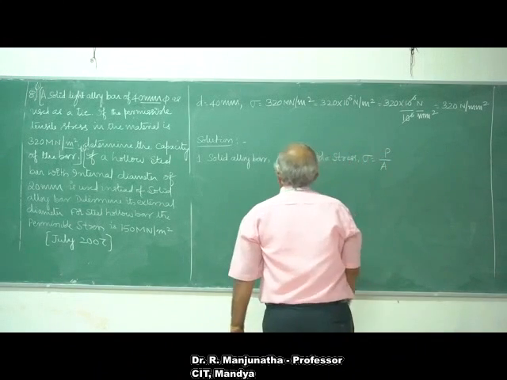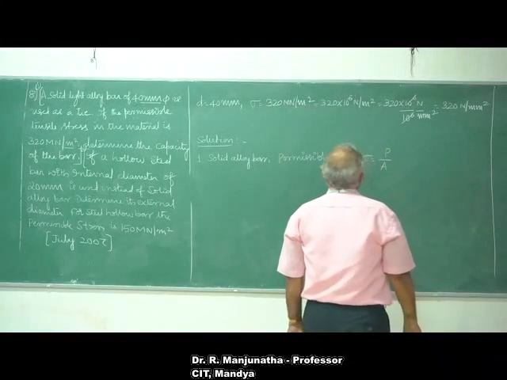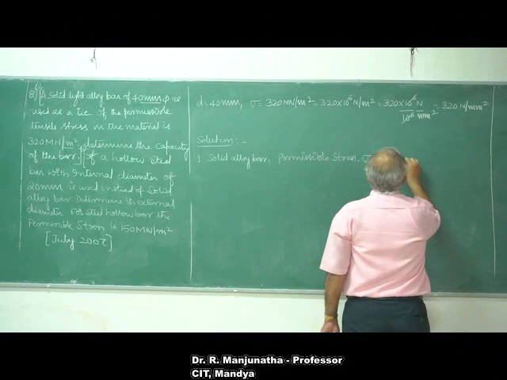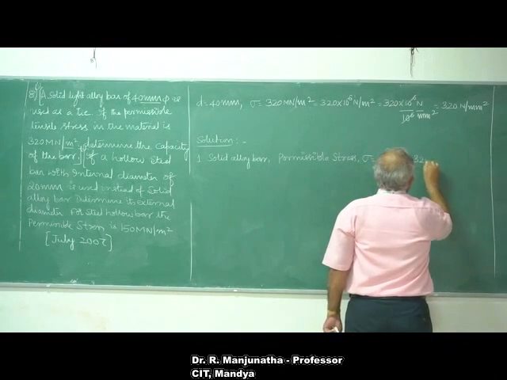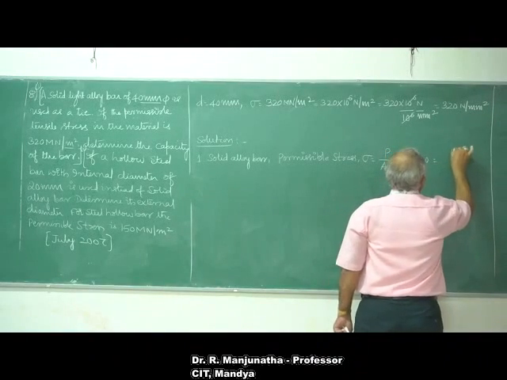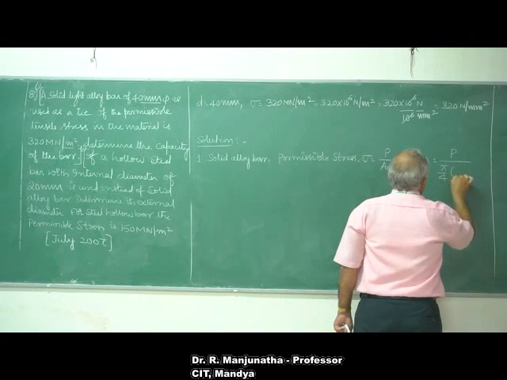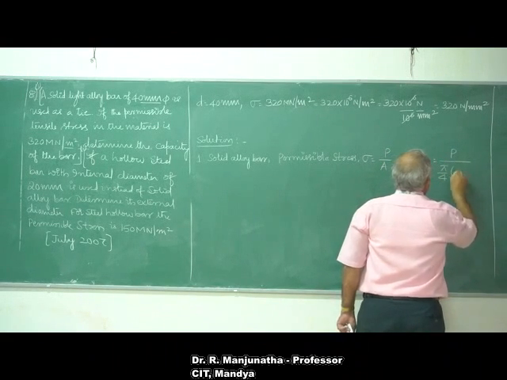The permissible stress is 320 meganewton per meter square, which will be equal to P, which I need to find out, divided by pi by 4 into the diameter of the solid bar, which will be equal to 40 square.